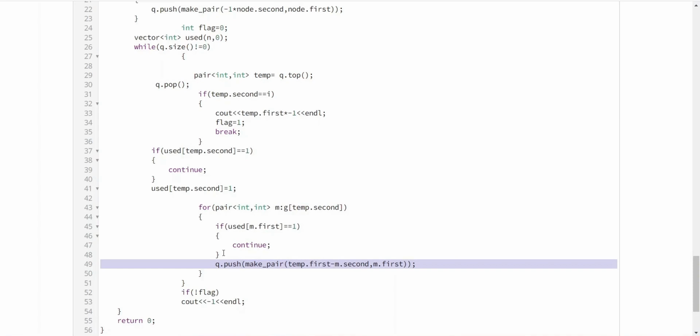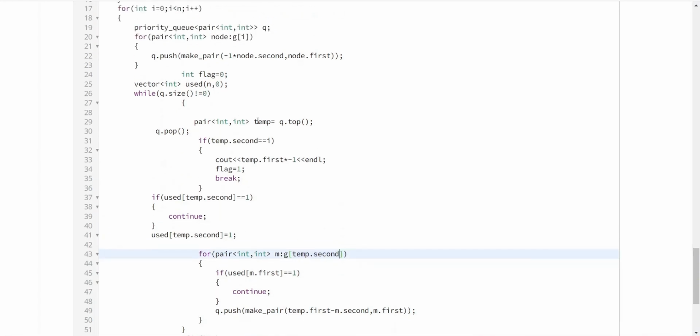In this for loop, we are pushing the nodes which are connected to the second value which we find, right? temp.second is the value which we have popped over here. So we are adding the values which come after this as well.